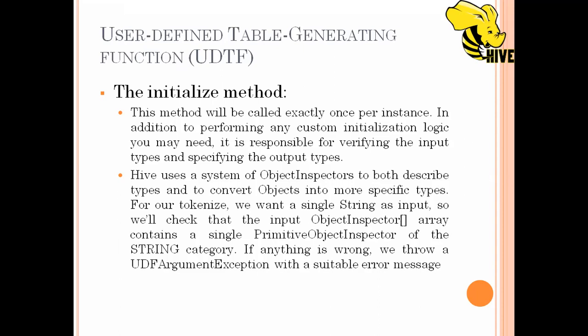If anything is wrong, we throw a UDF argument exception. So why are we using it? If the data is not read properly in between, it is automatically killed. So here we use a UDF argument exception, which shows a suitable error message.